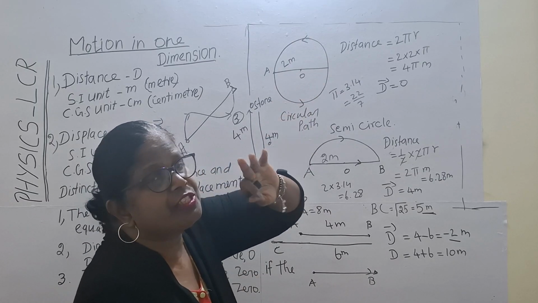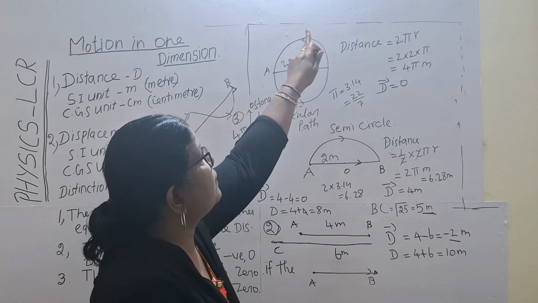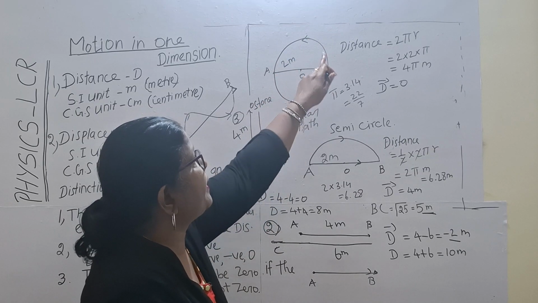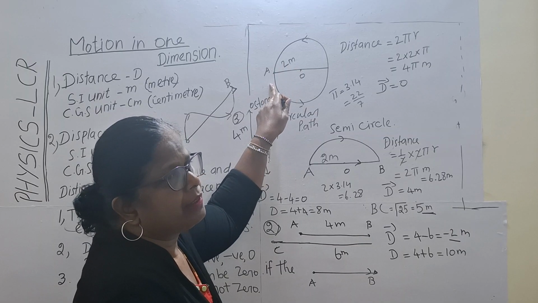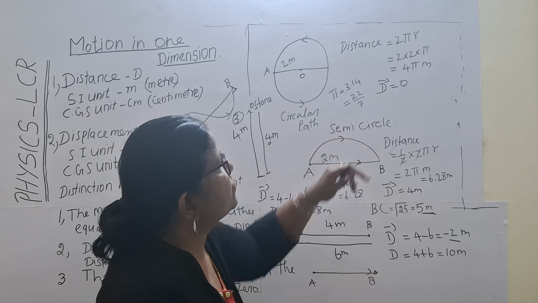Don't think it is a formula. It is given as the circumference of the circle. This is a path, no? That is a distance actually. The body travels the entire length of the circle. Okay. So it is 2 pi r.